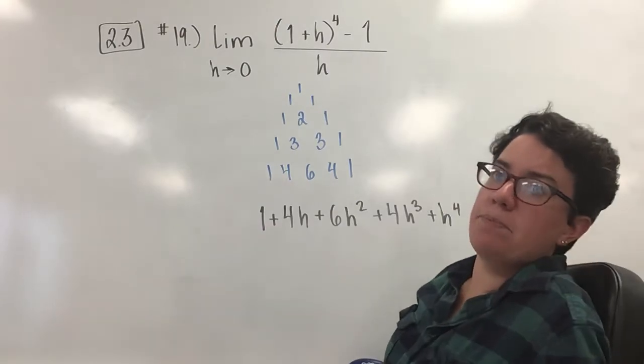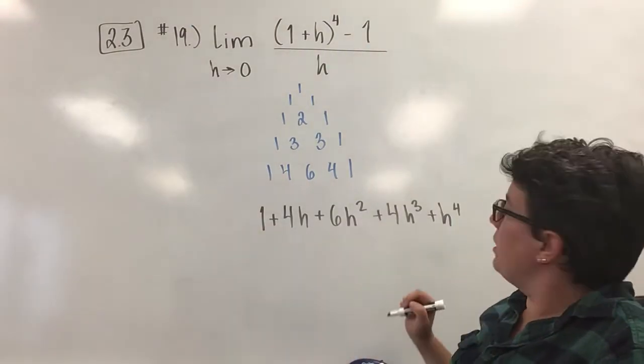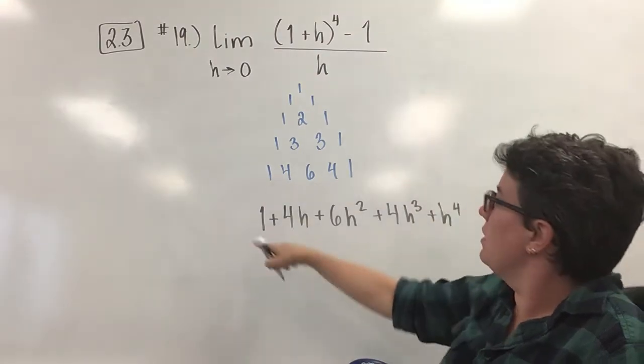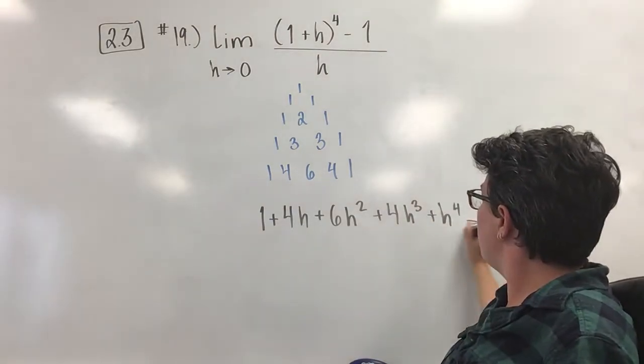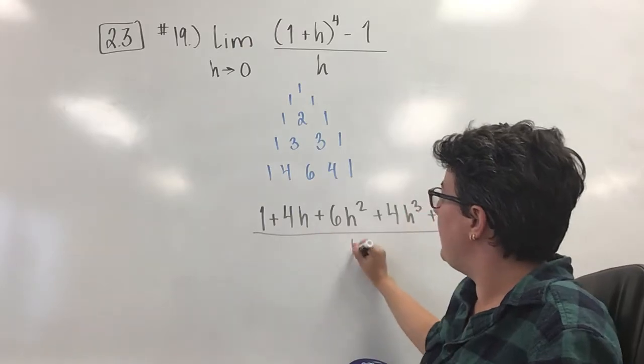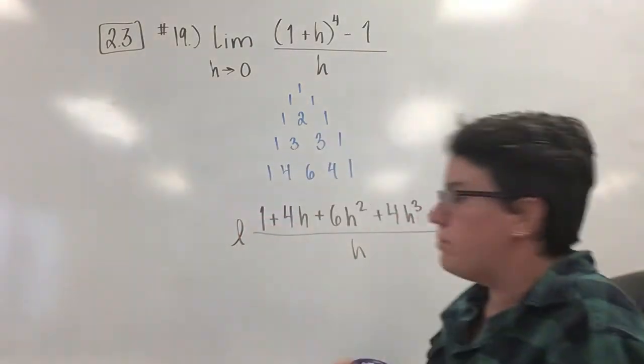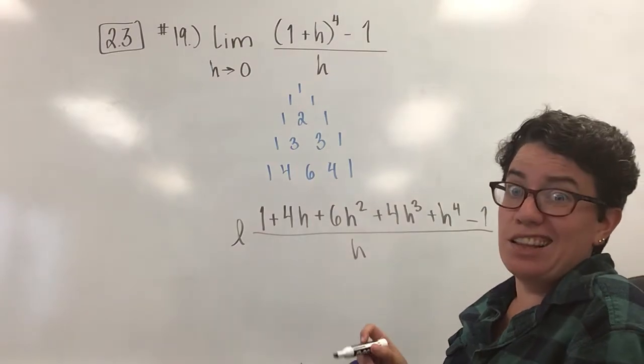So that's the big expansion of that binomial term. And then we still have the minus 1 from the end of the problem all the way out here, all over h. And you can keep using the notation that Mr. Conkle taught you where you're carrying the limit down as an L.